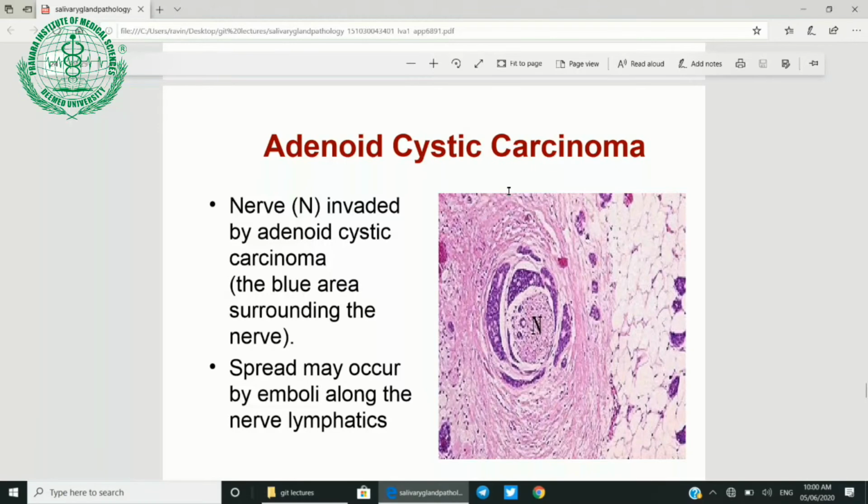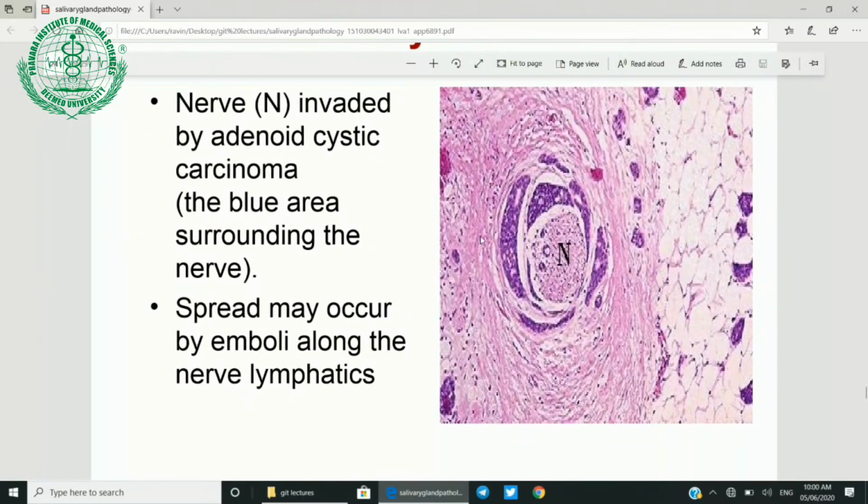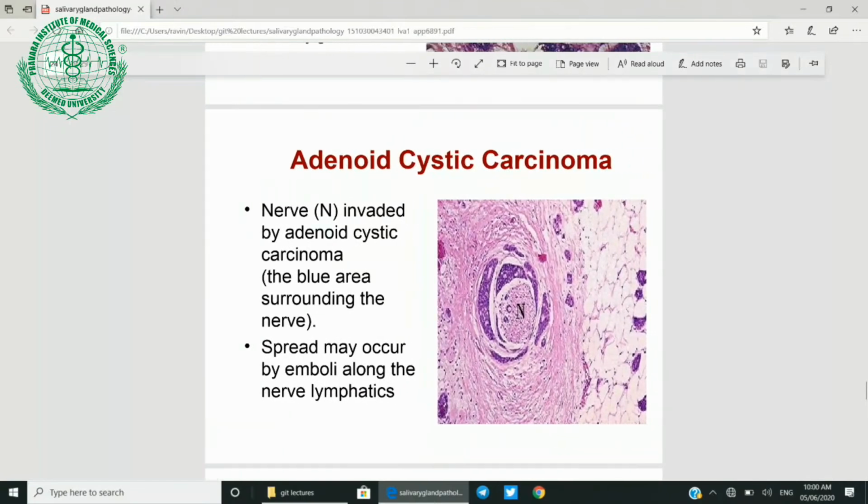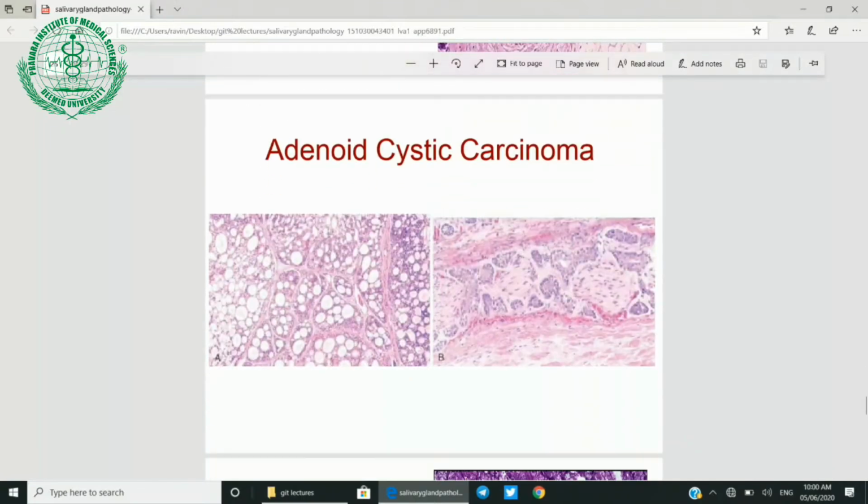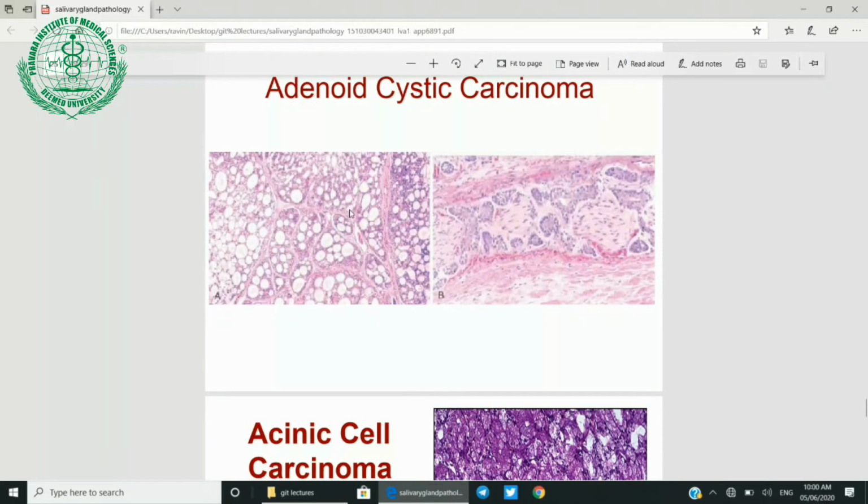You can see that this is the nerve and this is the tumor cells, adenoid cystic carcinoma. The spread may occur by emboli along the nerve lymphatics. And this is the look I was talking about, the Swiss cheese pattern, punched out holes. That is the feature of an adenoid cystic carcinoma.